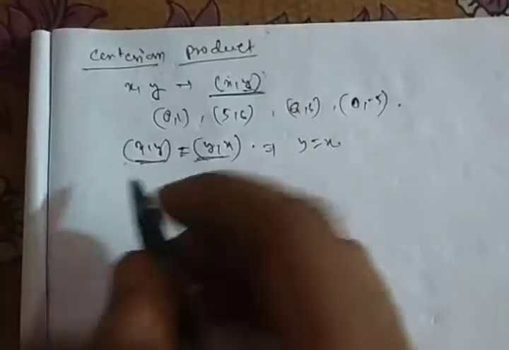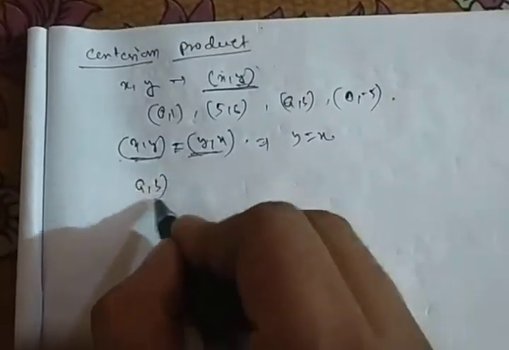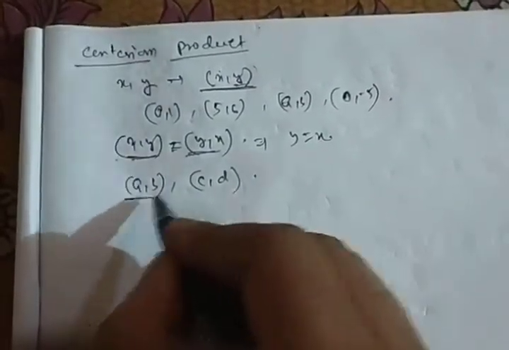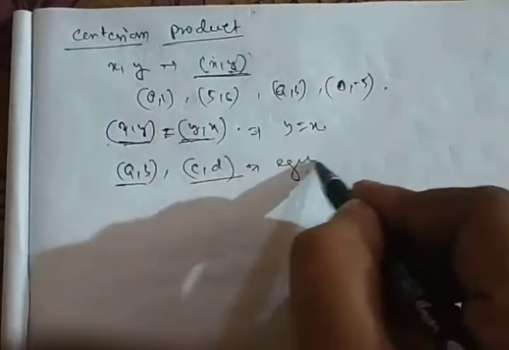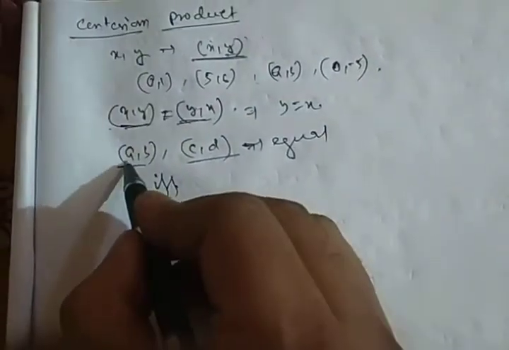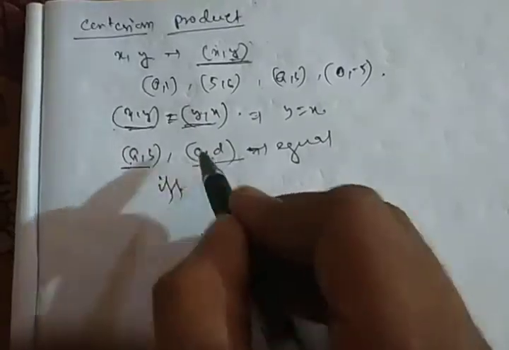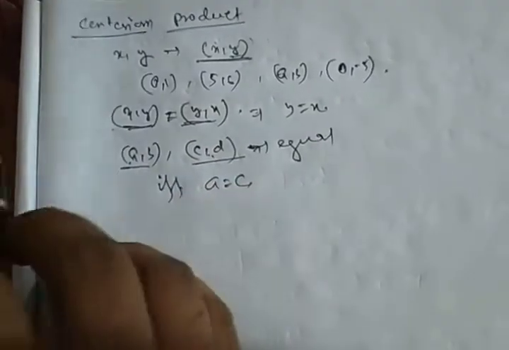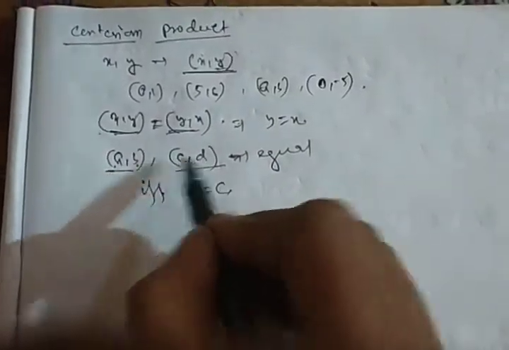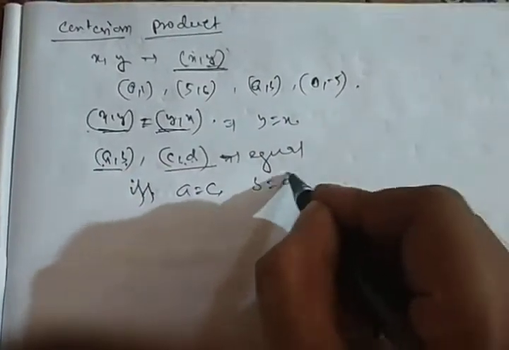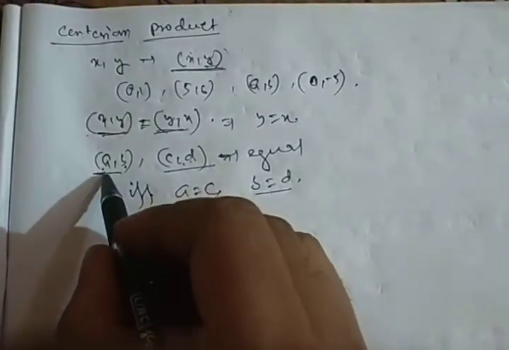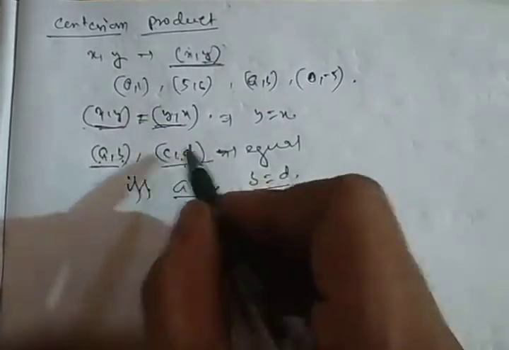In general, two ordered pairs we can write as (a, b) and (c, d). Two ordered pairs are equal if and only if the first elements of these ordered pairs are equal, that is a equals c, and the second elements, b and d, are equal. If a equals c and b equals d, then the ordered pairs (a, b) and (c, d) will be equal.